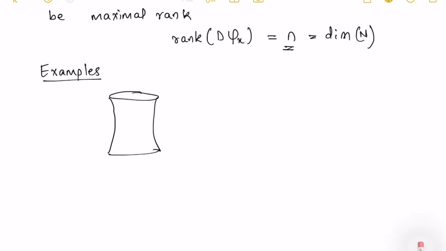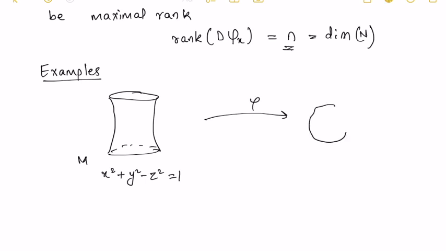Okay, so let's say this is M and the surface is defined as x squared plus y squared minus c squared equals 1, and the mapping function is going to a lower dimensional manifold which is just S1.